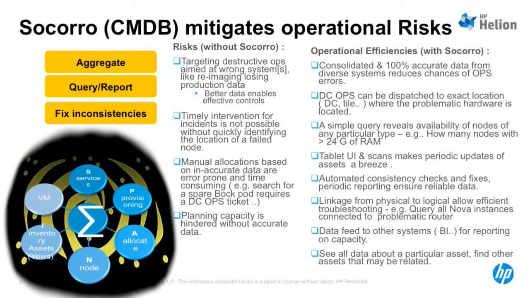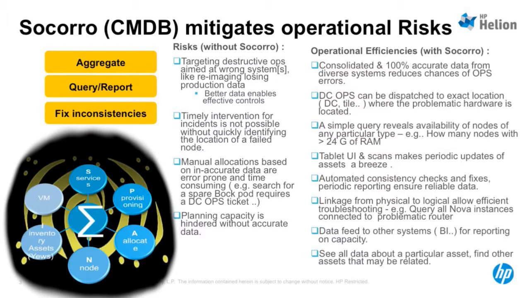There's automatic consistency checks across the data from the different sources, and there's also automated consistency fixes for the data. And there is periodic reporting for the errors that cannot be automatically fixed, so that operations teams can ensure the data is fixed.